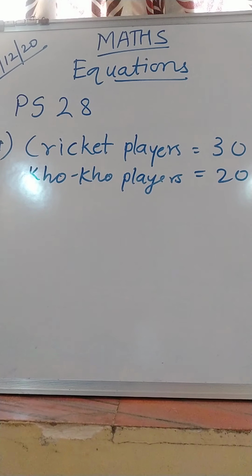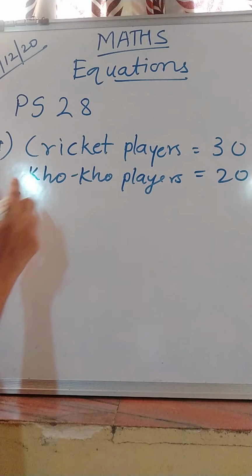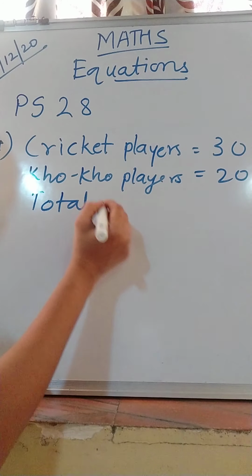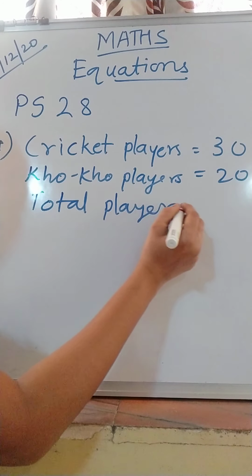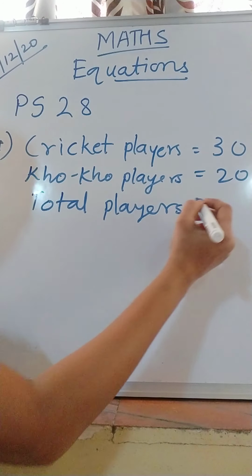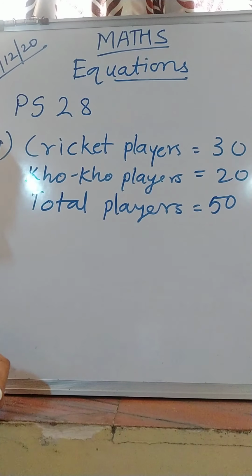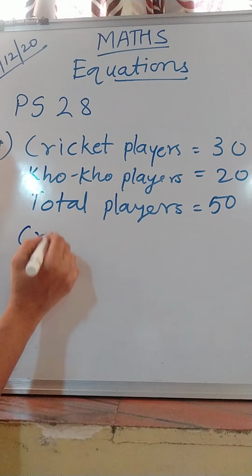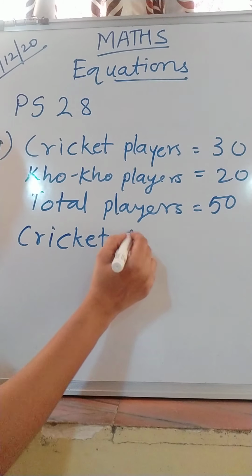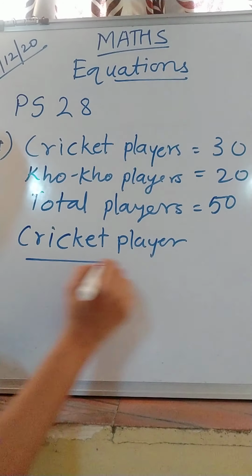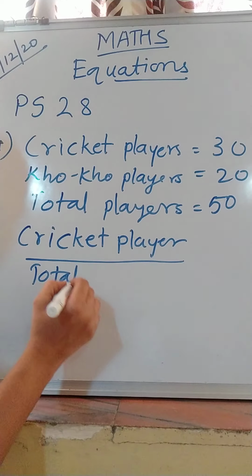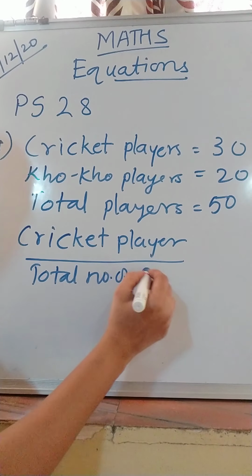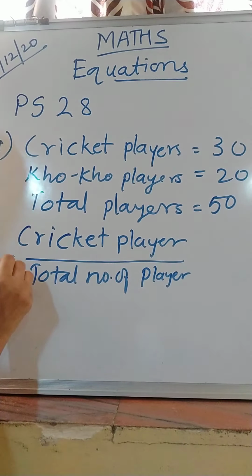We have to find the ratio of cricket players to the total number of players. First we have to find how many total players there are. 30 plus 20, that is 50 players, right? Now it is easy to find the ratio of cricket players to total number of players.